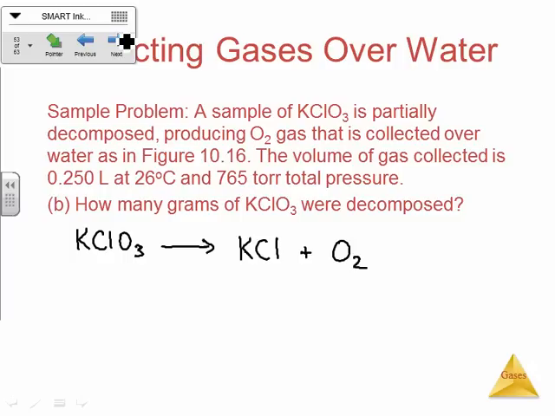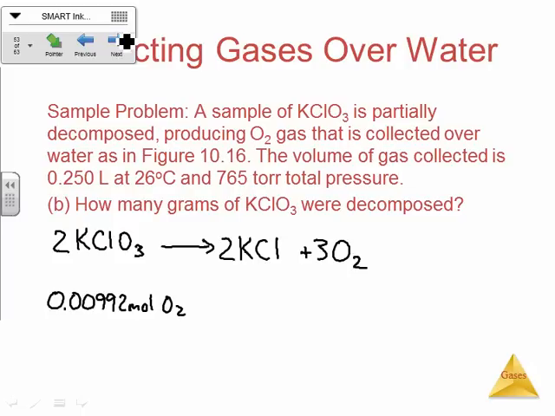Then we have to balance this thing. Looks like we're going to need a 2 here, 3 here, and then a 2 here. So there's our balanced chemical equation. And again, if you don't quite remember that from the beginning of the year, that's okay. But these are the types of equations that it would be good to remember. And then we know that we've got 0.00992 moles of O2.